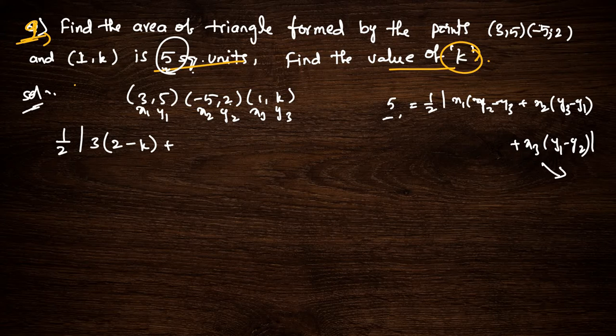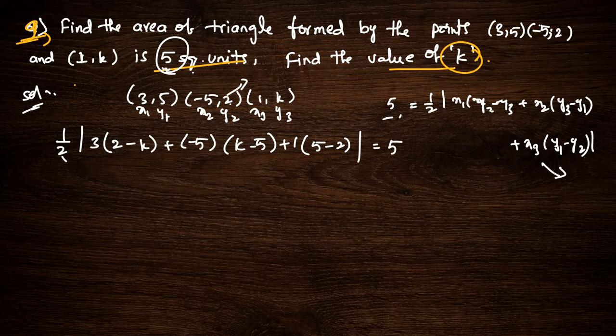Plus x2, which is −5, into (y3 − y1), that is k minus y1, which is 5. Plus x3, which is 1, into (y1 − y2), that is 5 − 2. This is equal to 5.